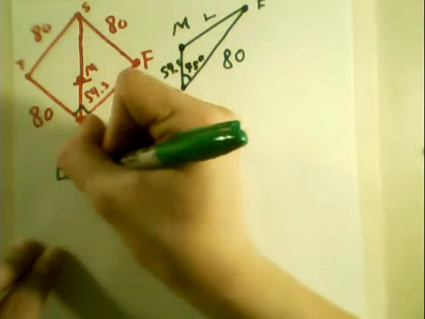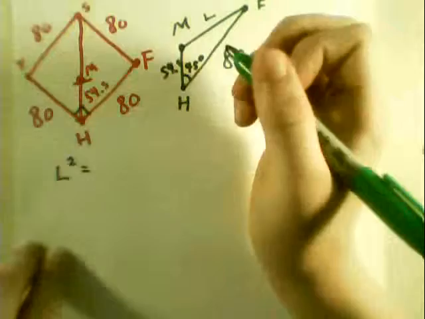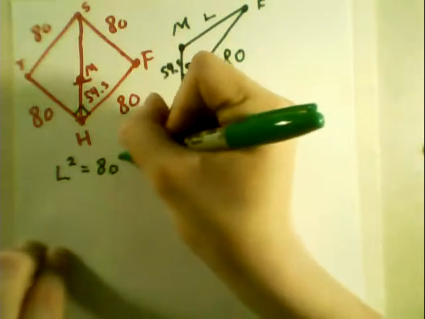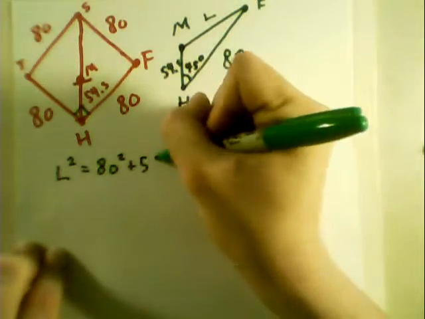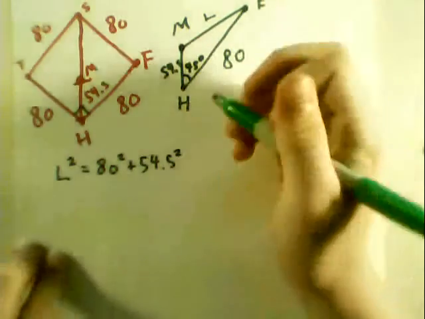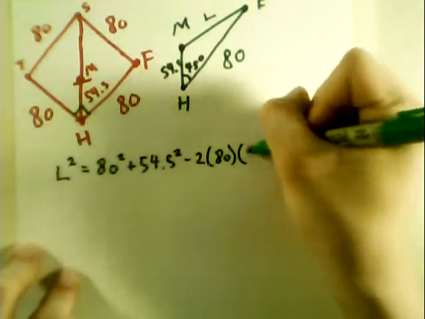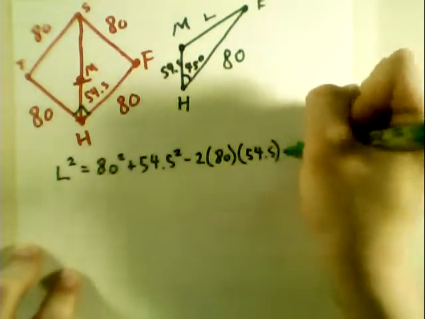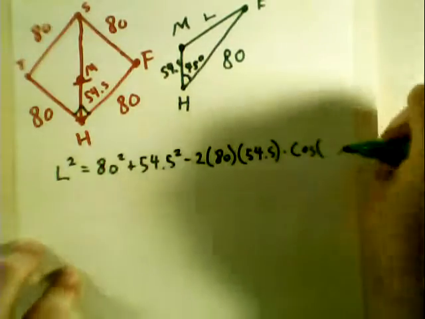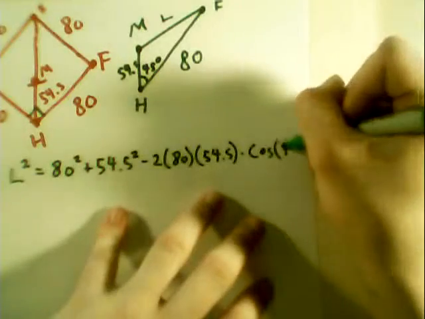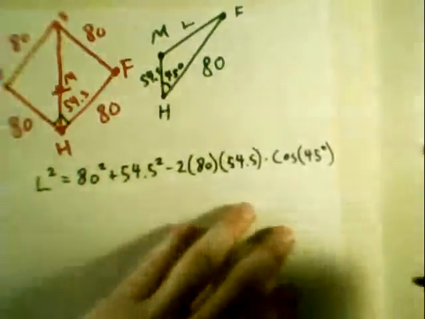So let's go ahead. We have L squared equals 80 squared plus 54.5 squared minus 2 times 80 times 54.5 times cosine of the angle opposite of what we're looking for. So that would be 45 degrees.